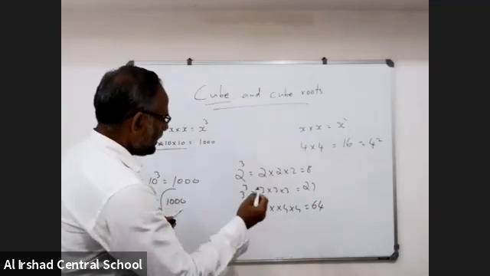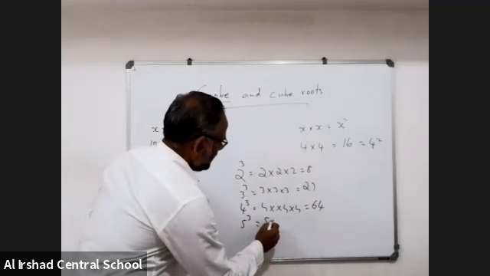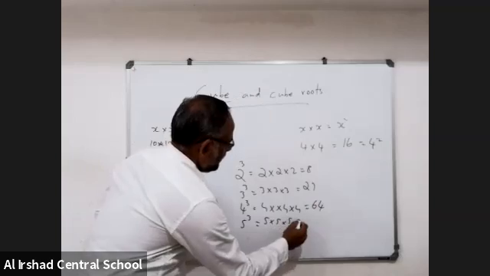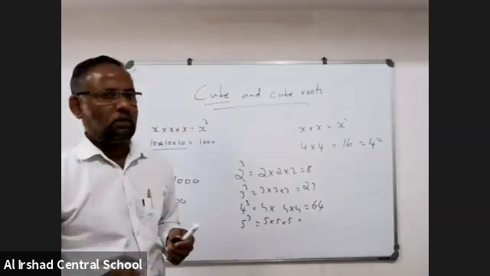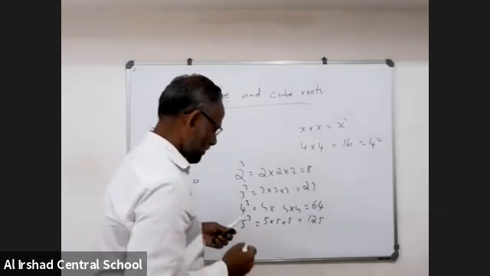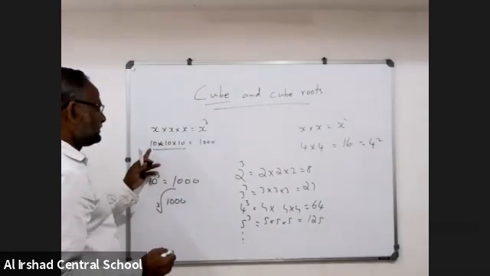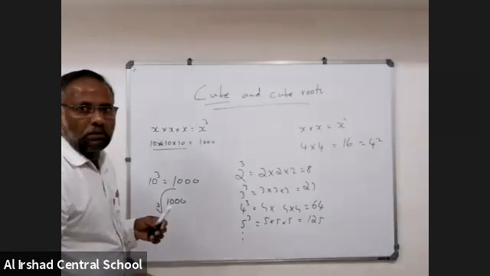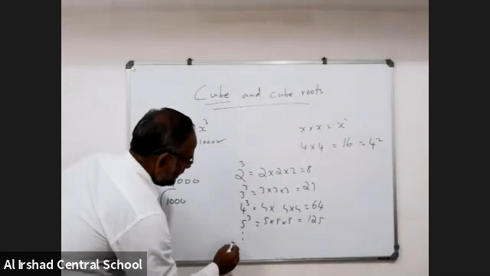Okay. Now like that we are getting 5 cube. 5 into 5 into 5. 5 5s are 25, 25 5s are 125. So after the 6, now 10 cube, 10 into 10 into 10.